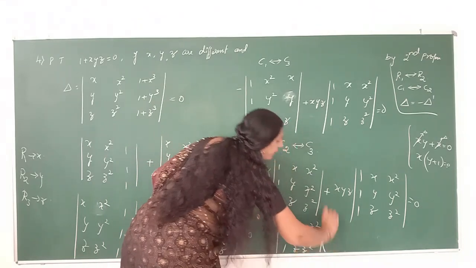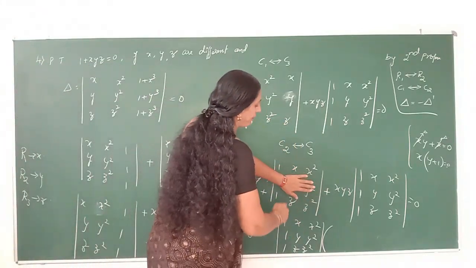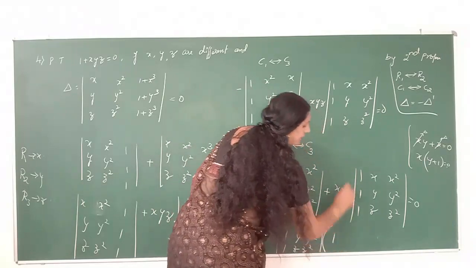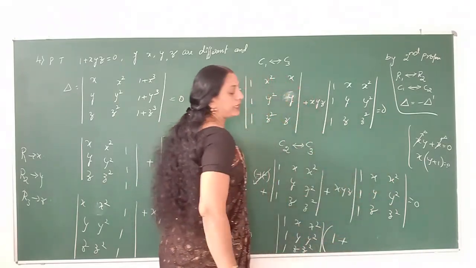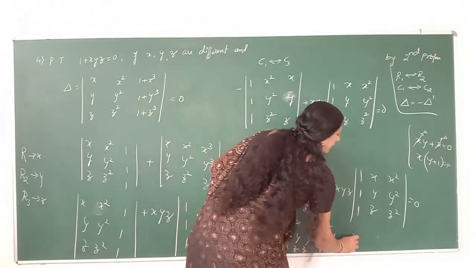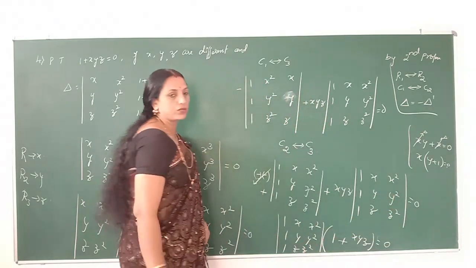That is the common factor. What about the remaining? If the whole determinant is a common factor, then the remaining part is 1. Plus in the second term, again the whole determinant is a common factor and the remaining is x into y into z. It will be equal to 0.